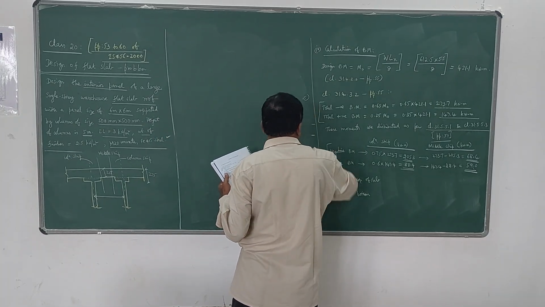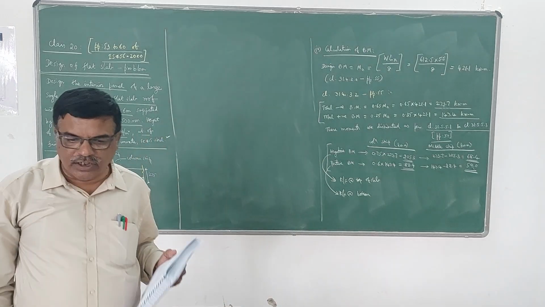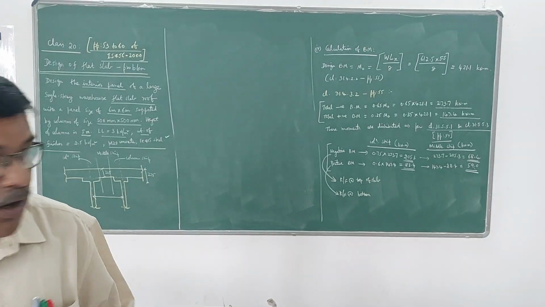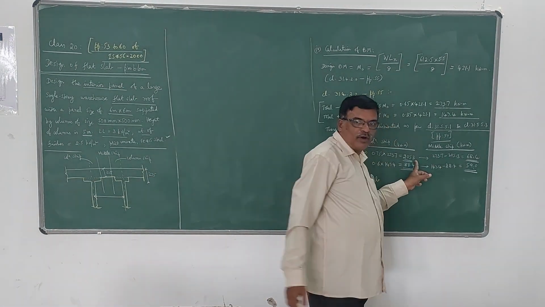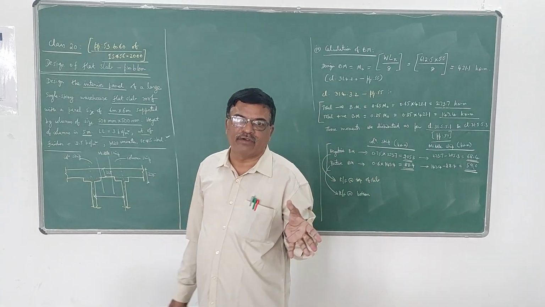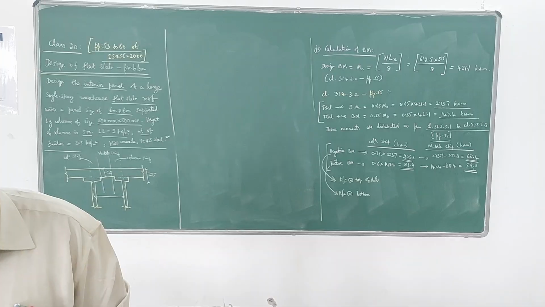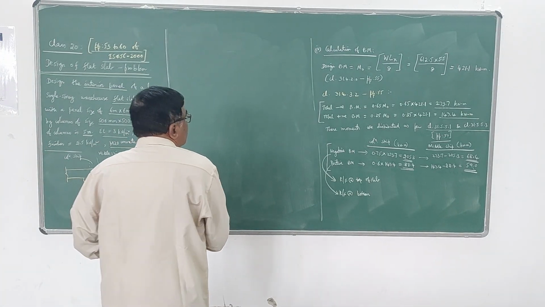Initially we have assumed some depth. Now, after finding all the bending moments, we have to take the maximum value of the bending moment. Among these 4, the maximum value is 205.3. We check whether the depth provided is sufficient using the equation from the code.